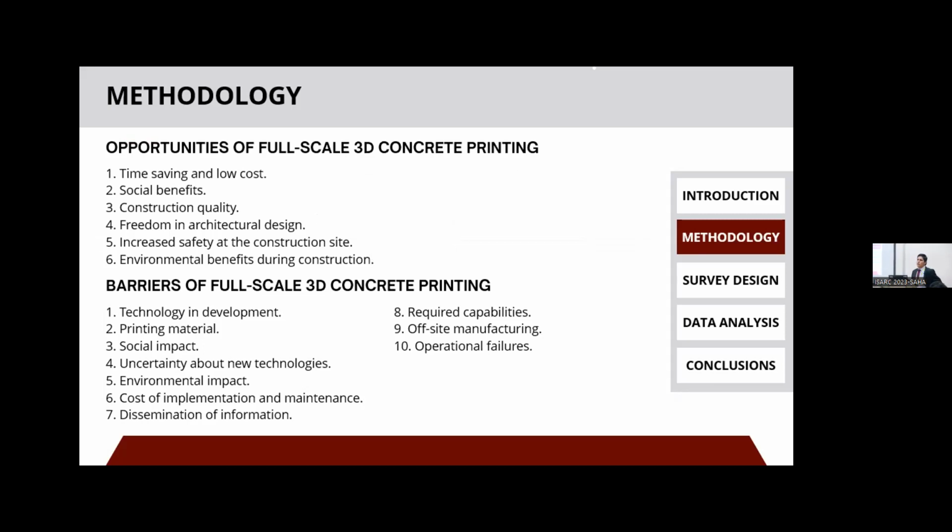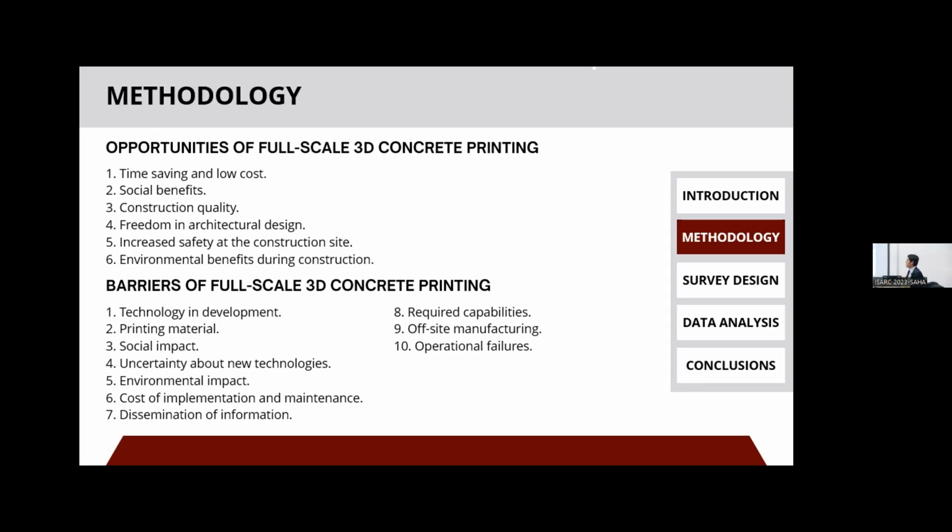Construction quality, this technology is automated, so we get more accuracy. Freedom in architectural design, and increased safety at the construction site, since exposure of people is reduced. Environmental benefits during construction, meaning waste or solid waste is reduced.